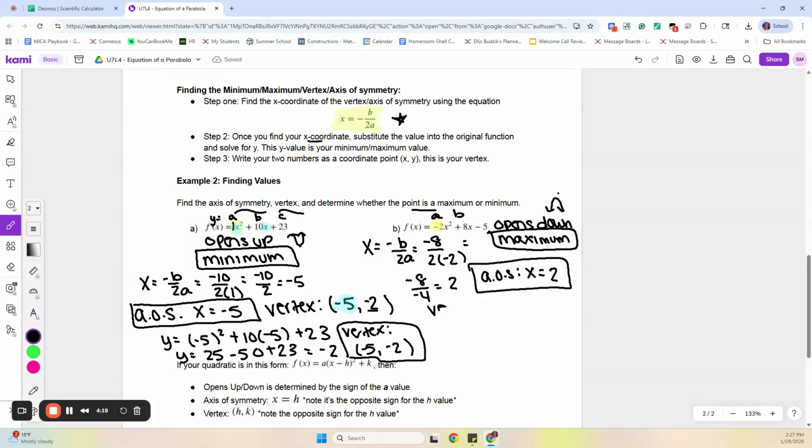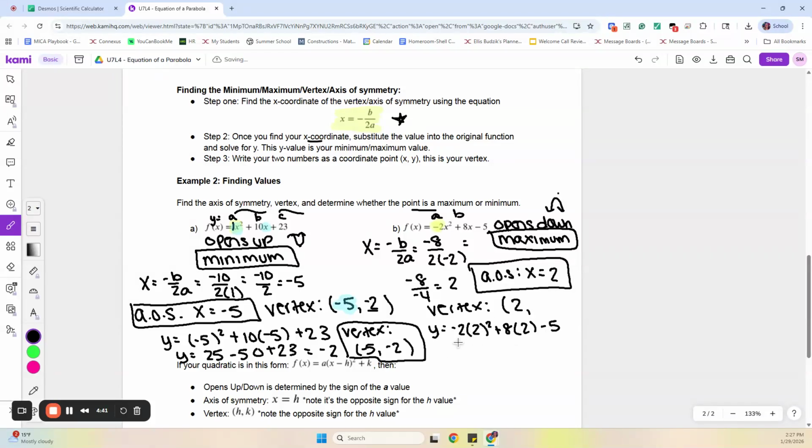And then I'm going to start writing my vertex. I'm going to take that 2 and plug it in. So let's write y equals negative 2 times the x value of 2 squared that I got, plus 8 times 2 minus 5.